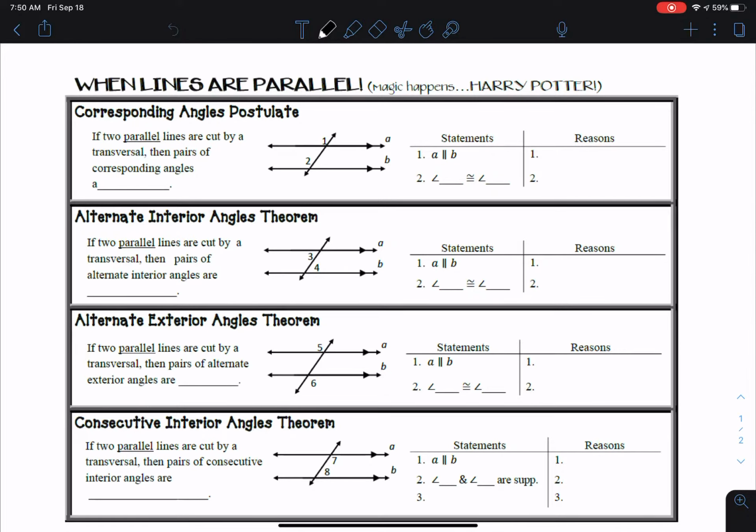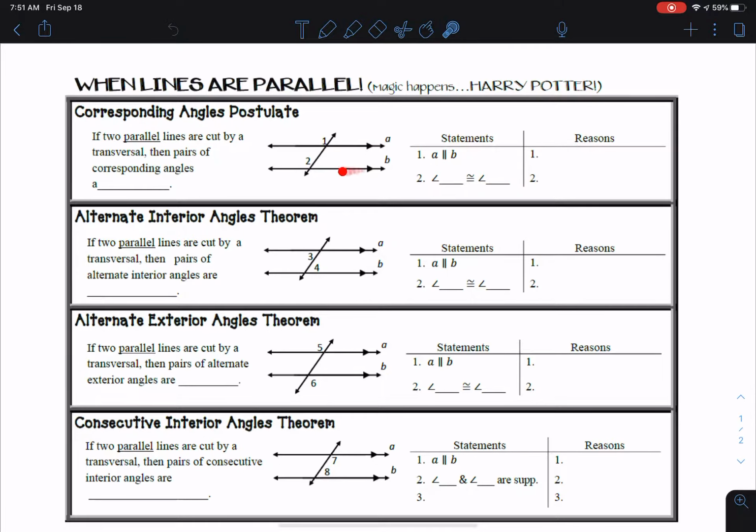So we're going to go over these little postulates here. Corresponding angles postulate. If two parallel lines are cut by a transversal, okay, so let's try to get some context here. These two lines here, A and B, they're parallel. And this is how you represent that mathematically.